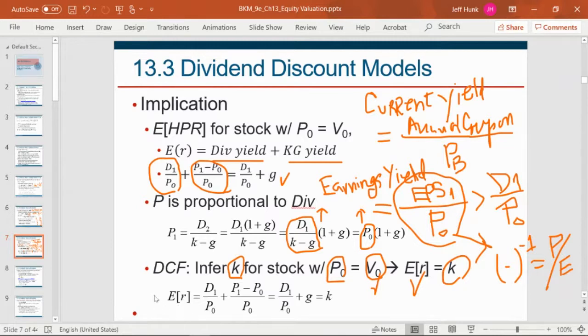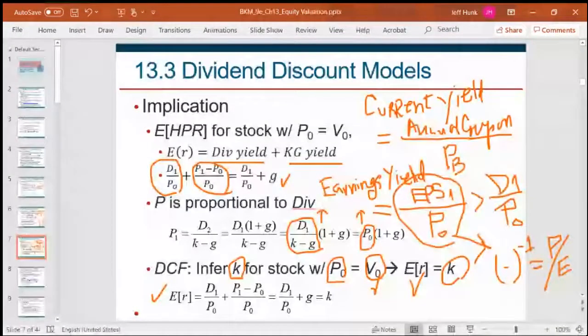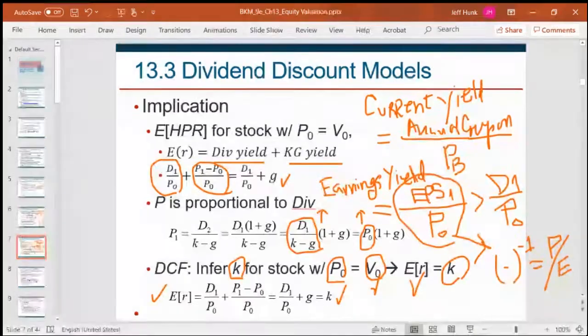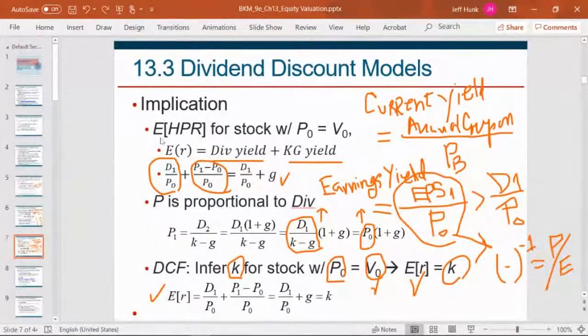Okay. So basically, solving the one-period compounding model for expected return, you get cost of capital, right? This is the cost of equity.